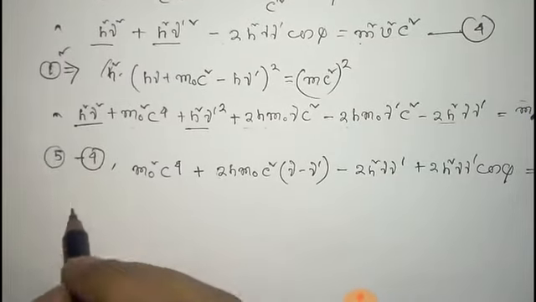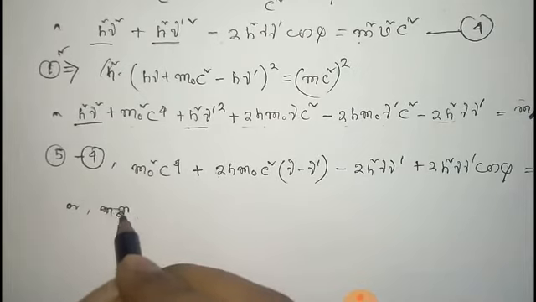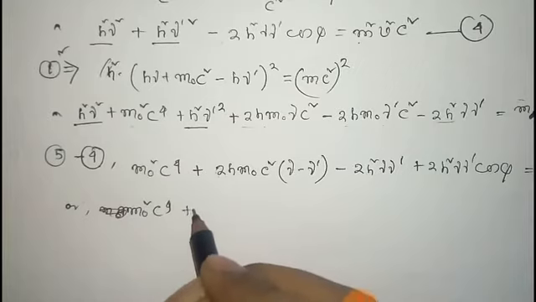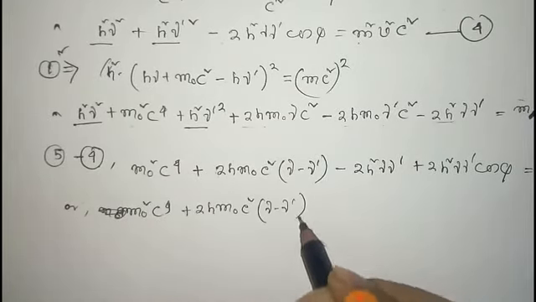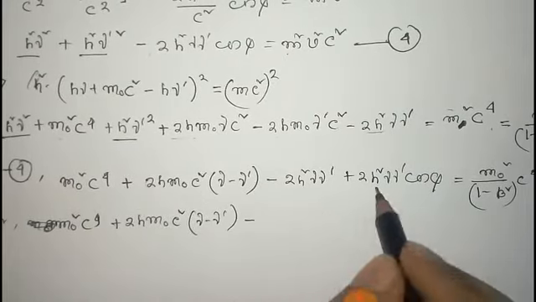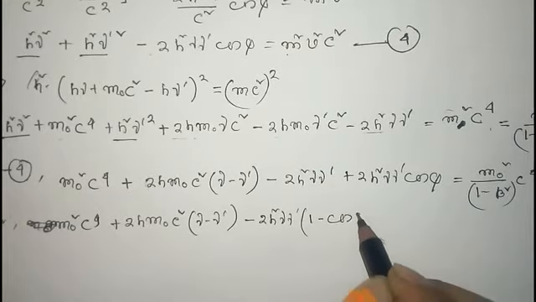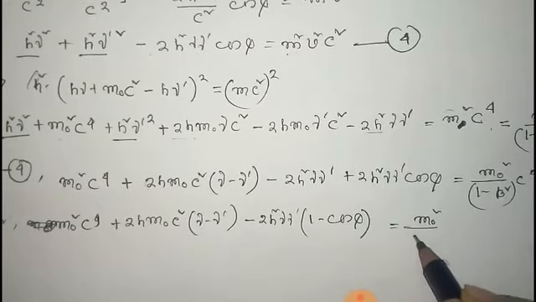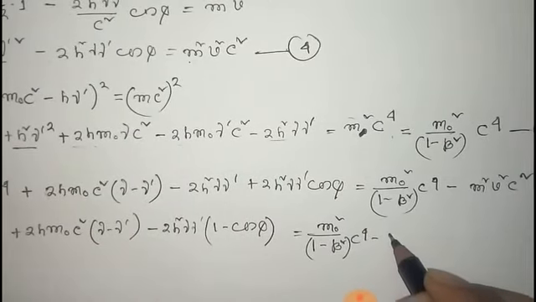Okay, thus m naught square c to the 4 plus 2h m naught c square nu minus nu prime, we take common 2h square nu nu prime from this, so it will be 1 minus cos phi, that's equal to m naught square by 1 minus beta square c to the power 4 minus m square v square c square.